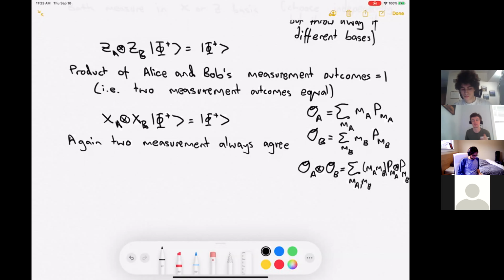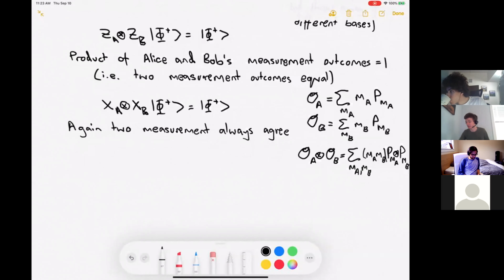I.e. with 100% probability, I will get some outcome for MA and some outcome for MB such that they multiply together to give 1. Does that answer your question? Yeah, thank you. Great. Okay, so this is just a useful trick that I probably should have explained better originally, for how you can work out what the product of the two outcomes is just by looking at one measurement operator.